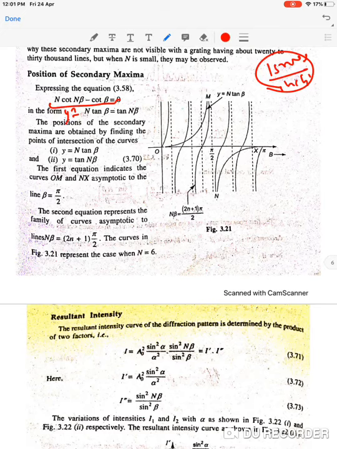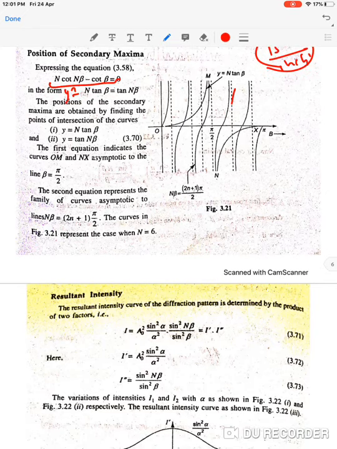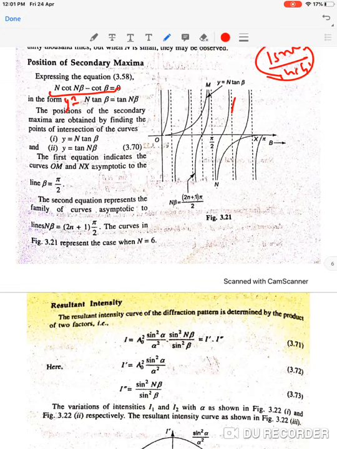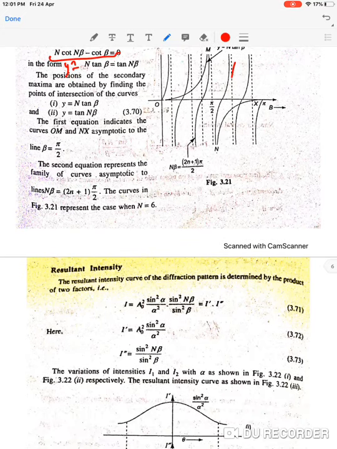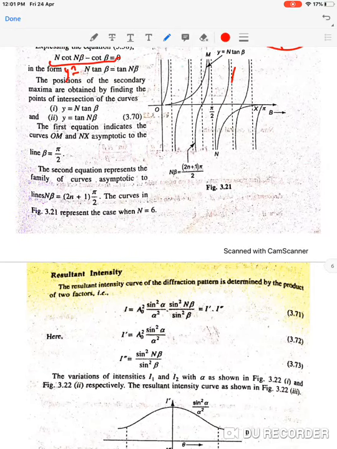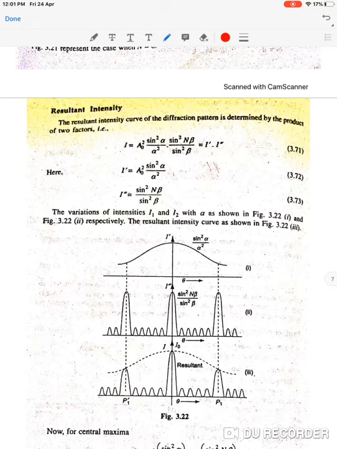This is the graphical representation of n tangent beta, and this is the graphical representation of tangent n beta. Wherever these lines cut, we get the positions of the secondary maxima.